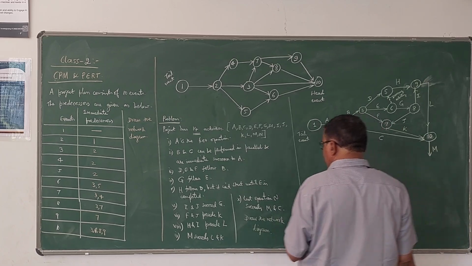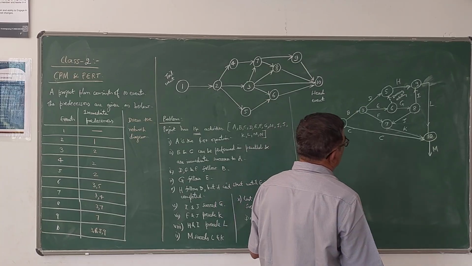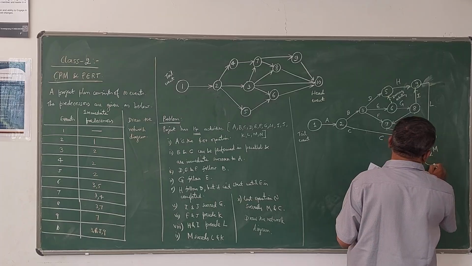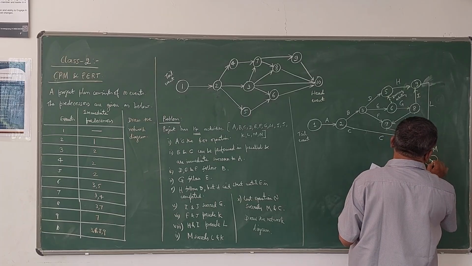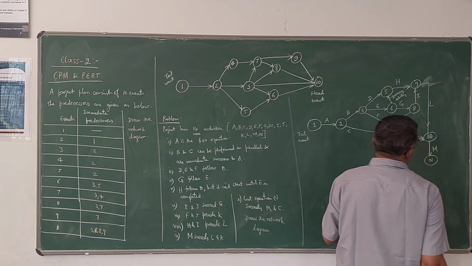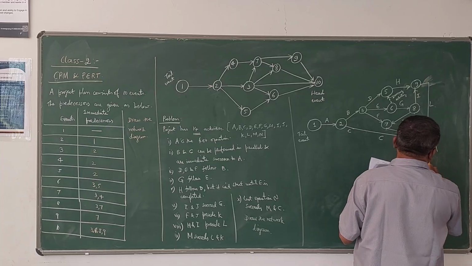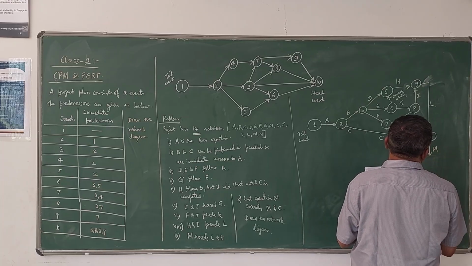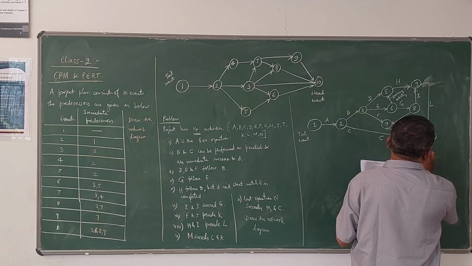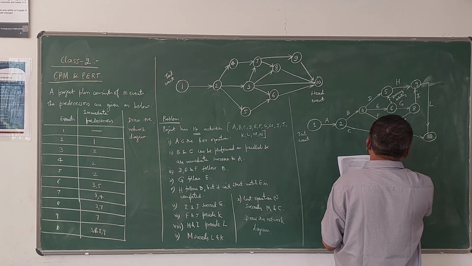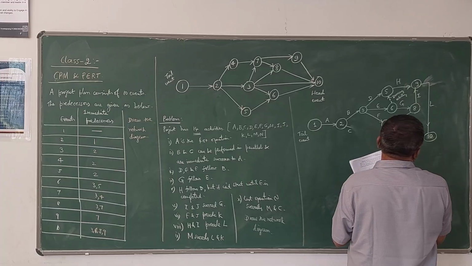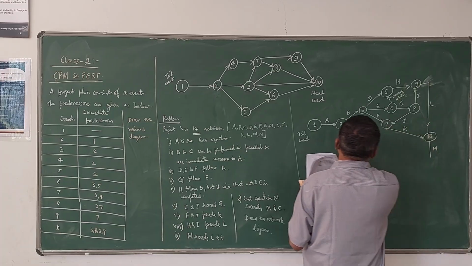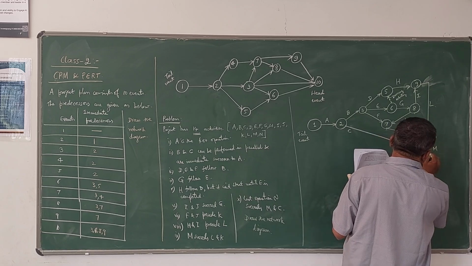should be preceded by L. That means this one is M and K. C. M is here. C should be connected to this.